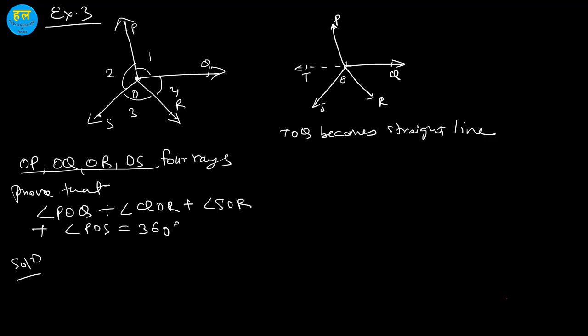Since TOQ is a straight line, angle TOQ will be equal to 180 degrees, right? And angle TOP plus angle POQ will be equal to 180 degrees, since they make a linear pair.